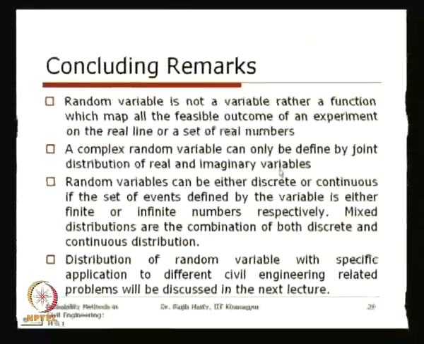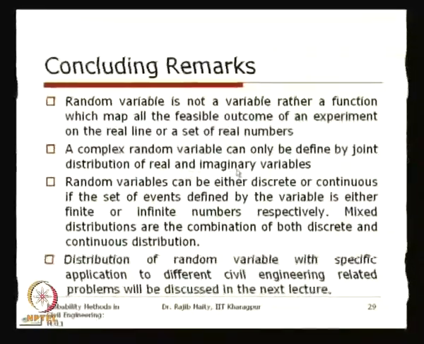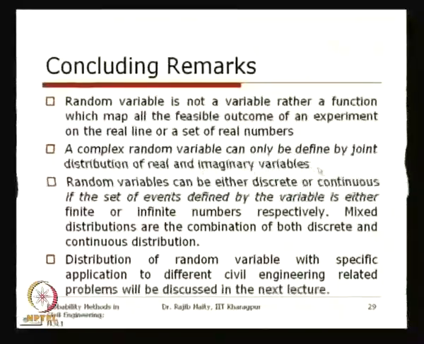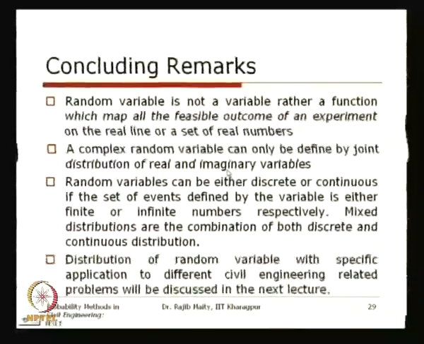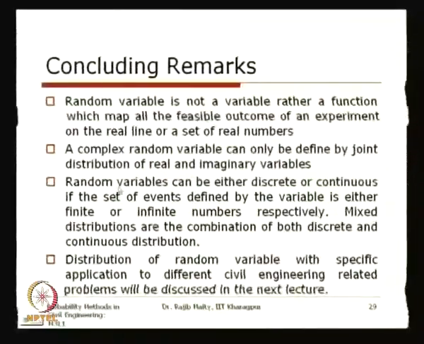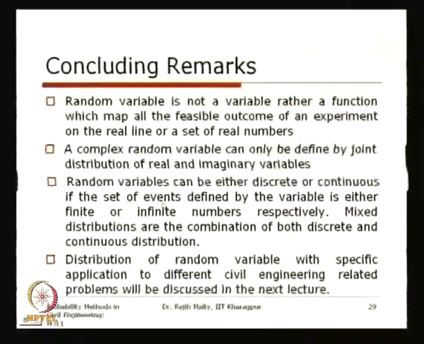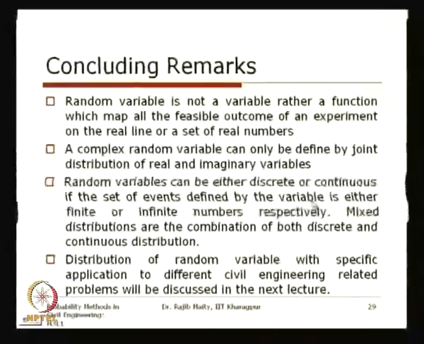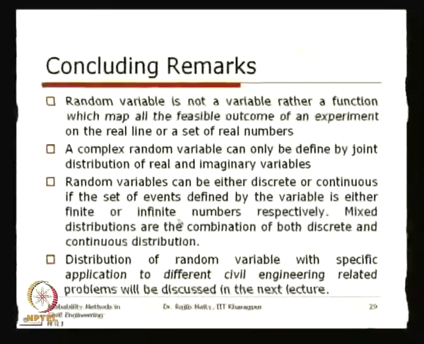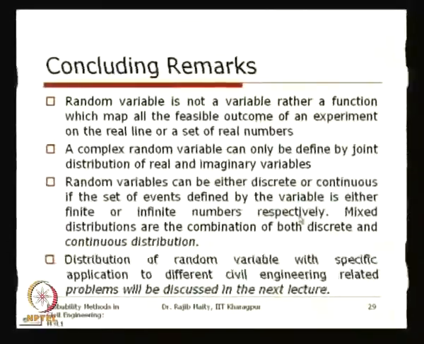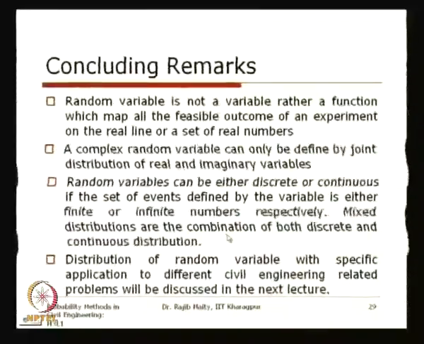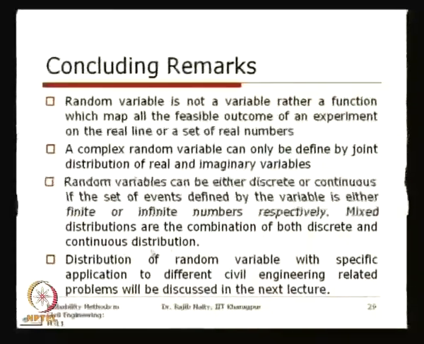That is, X plus iY is defined by the joint distribution of X and Y, both random variables. Random variables can be either discrete or continuous if the set of events defined by the variable is finite or infinite respectively. Mixed distributions are a combination of both discrete and continuous distributions.